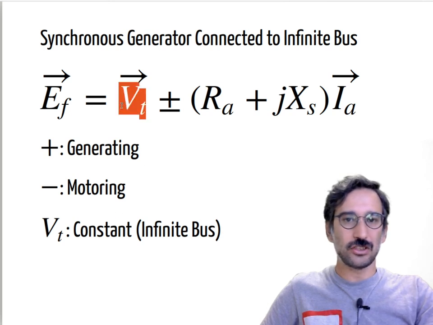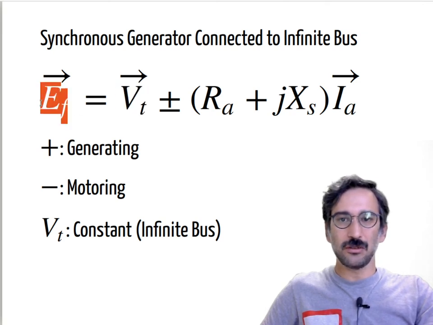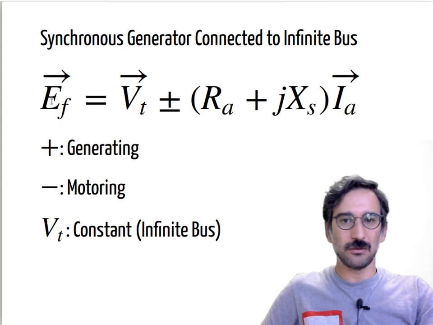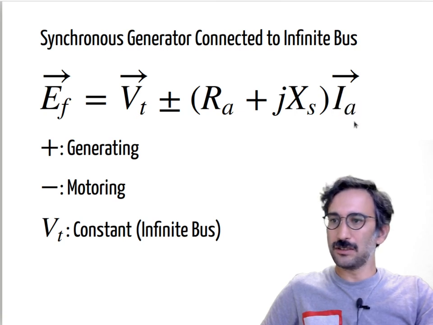You cannot change that one. So, depending on the magnitude and phase of EF, the current is a direct output of these two parameters. VT is constant, EF is what you can control, and the current is your output result.